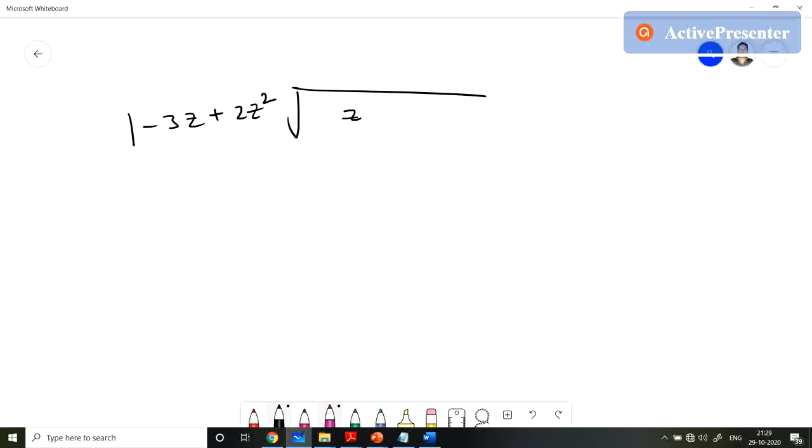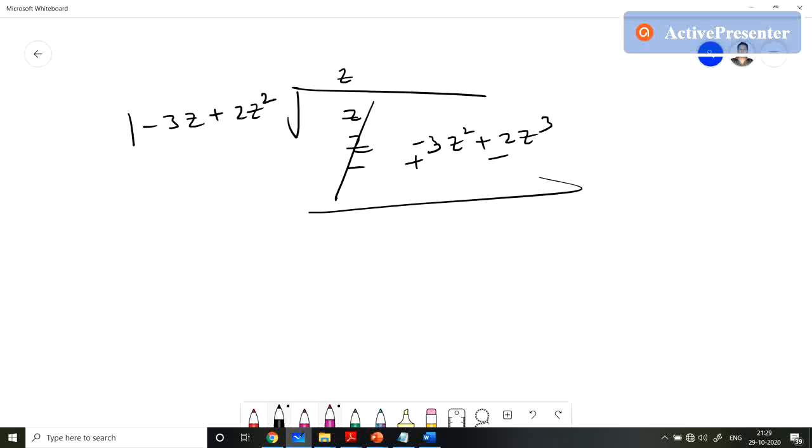First we multiply with z and get z minus 3z square plus 2z cube. Then it cancels out, and we get 3z square minus 2z cube.